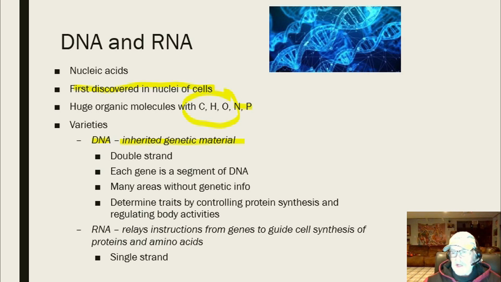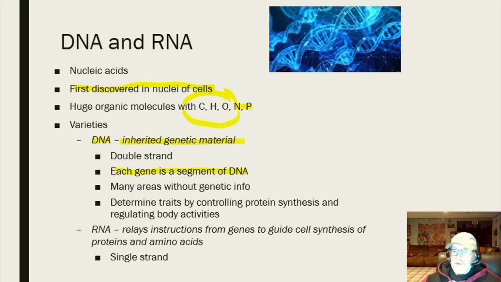We have the code to make all those proteins, and all those specific traits that may be dictated by a specific protein, are on the chromosome in a certain area called genes. So each gene is really a segment of DNA. If I have this long strand of DNA, periodically along the strand there'll be a certain segment with an appropriate order of these nucleic acids along that strand.